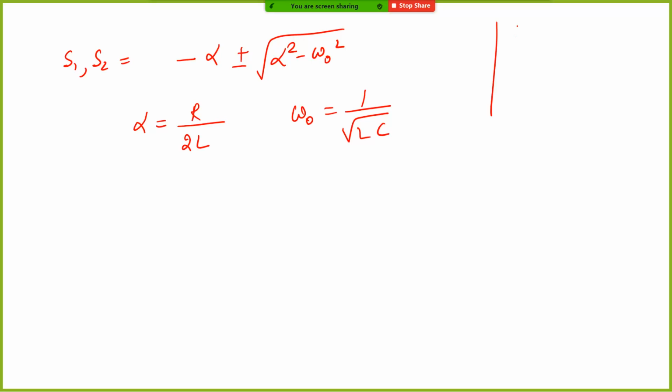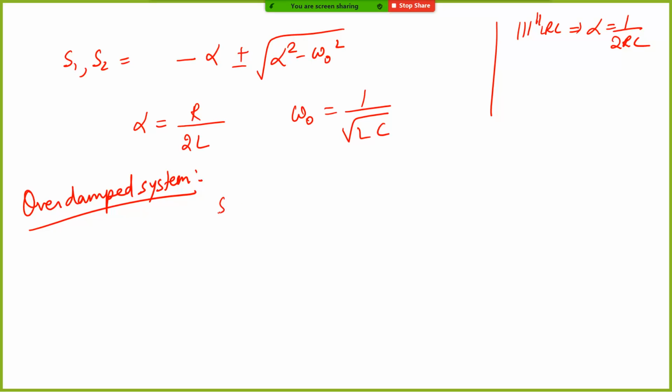Okay, for a parallel RLC network, alpha is 1 by 2RC. Here it is R by 2L. Otherwise, everything else remains the same. And the solution for overdamped systems, right? Because the whole thing is real.